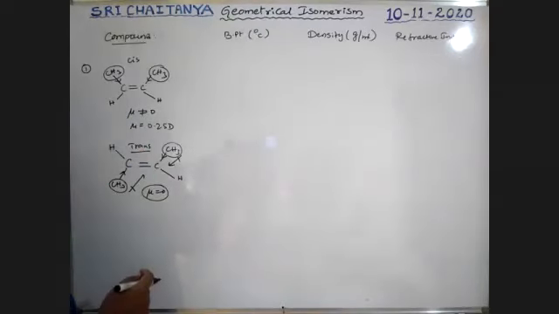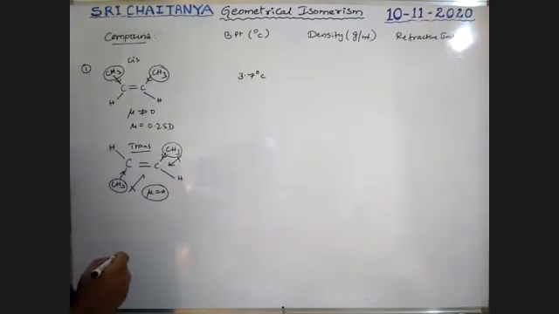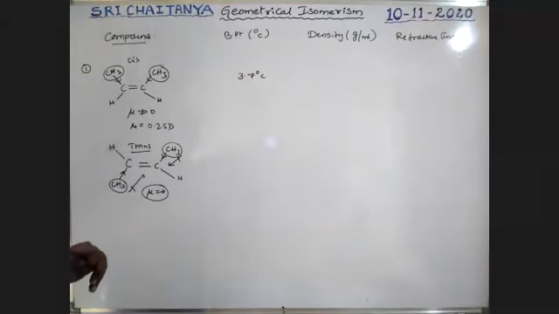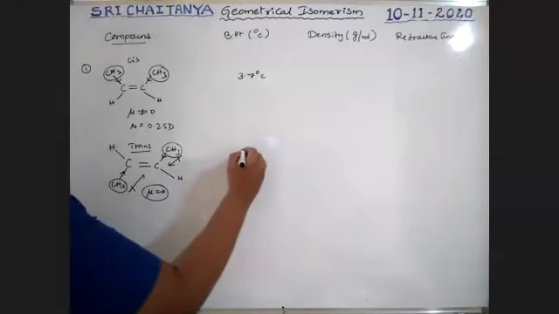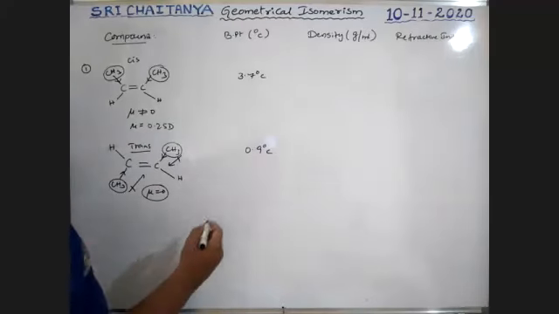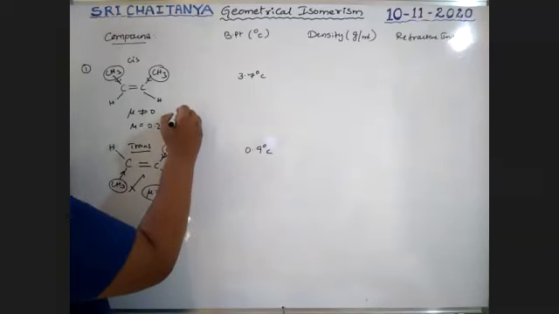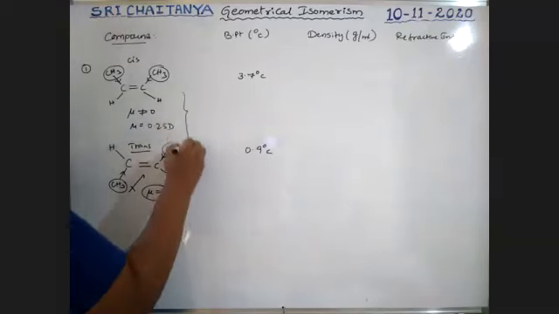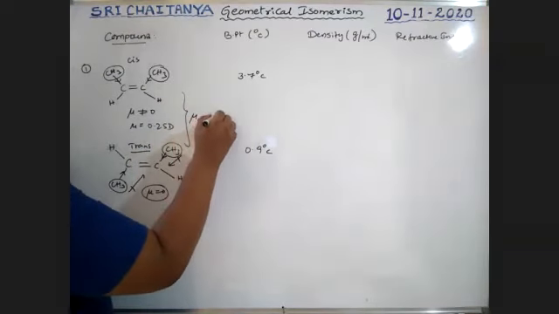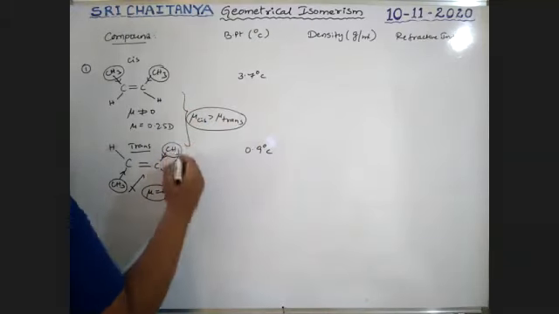Now, for the cis compound, boiling point is 3.7 degrees centigrade. For the trans compound, boiling point is 0.9 degrees centigrade. Therefore, for this compound, mu cis is greater than mu trans. The more the mu value, the more the polarity.